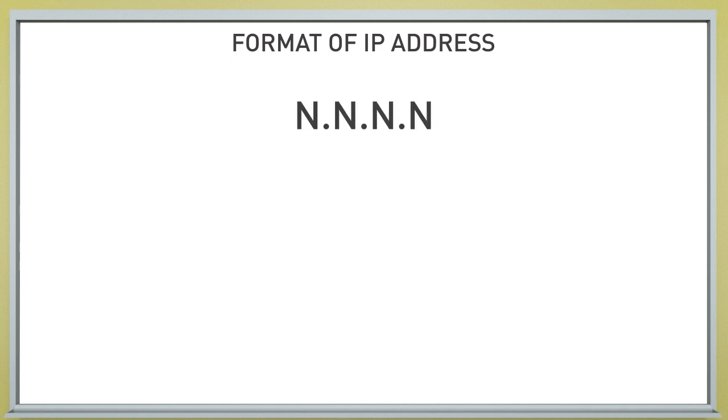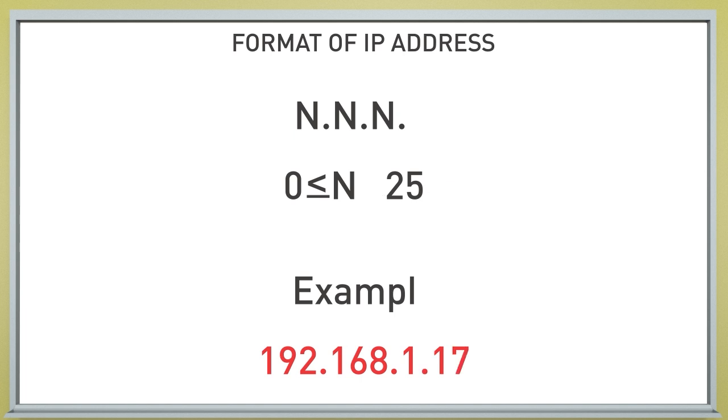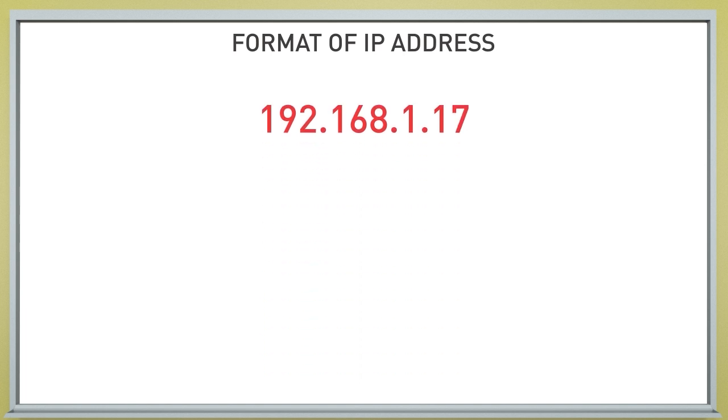Each octet can store a number from 0 to 255 inclusive. For example, 192.168.1.17. Like a phone number, an IP address contains a network part and a host part.